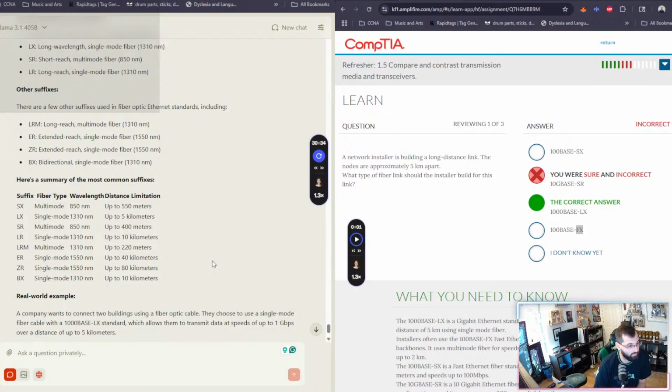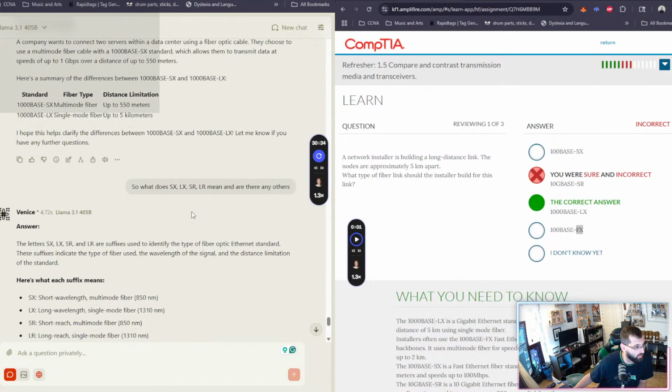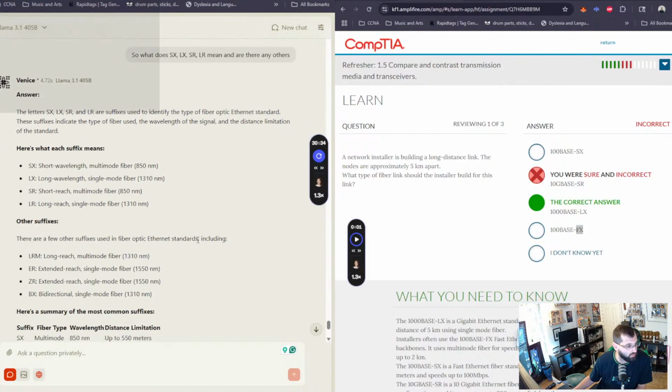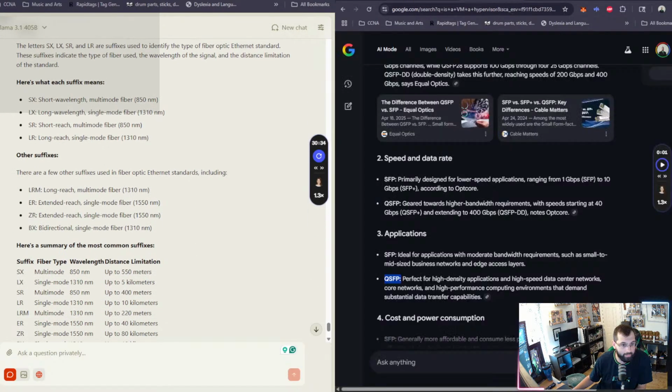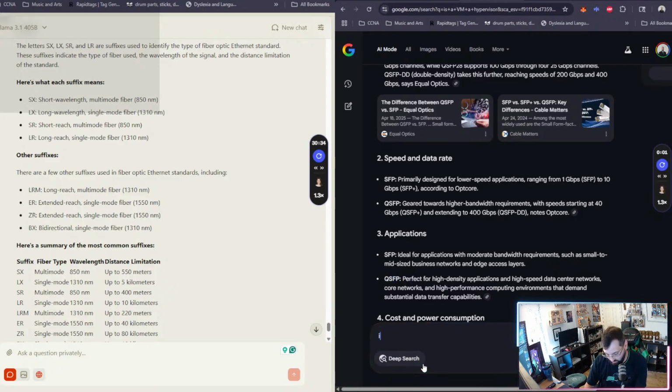So does that mean SX is always going to be 100 base? Well, no, up here it said 1,000. Is SX fiber always 1,000 base?